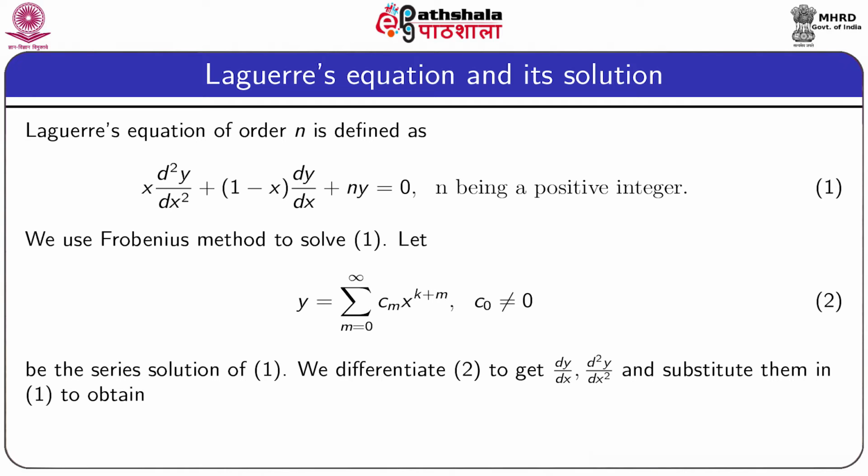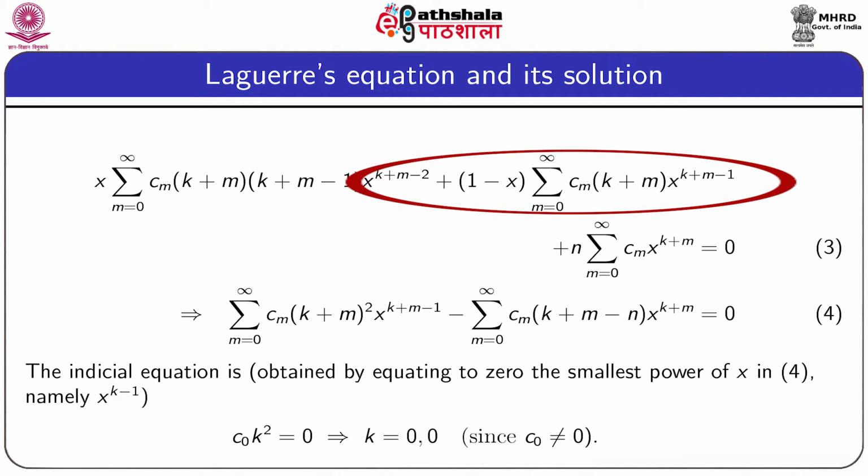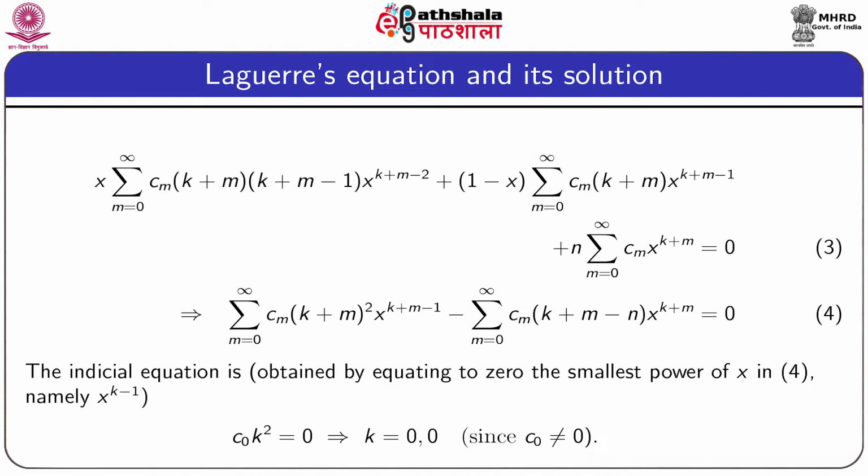We substitute these two values in equation 1 and we will get x times summation m equal to 0 to infinity C m (k plus m)(k plus m minus 1) x to the power k plus m minus 2 plus (1 minus x) summation m equal to 0 to infinity C m (k plus m) x to the power k plus m minus 1 plus n times summation m equal to 0 to infinity C m x to the power k plus m equal to 0, given by equation number 3.